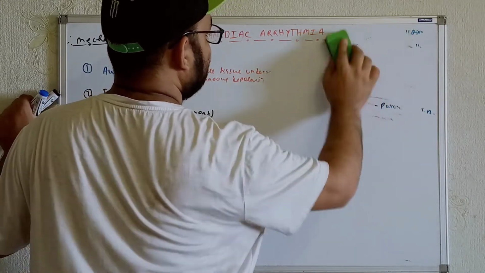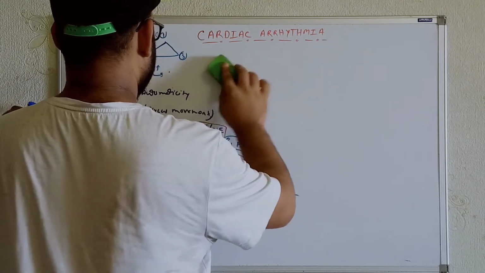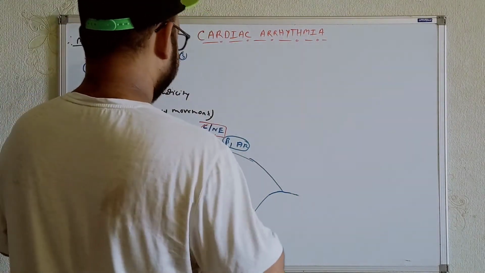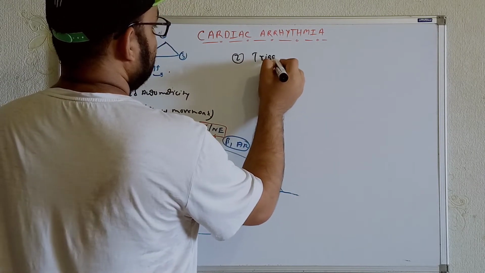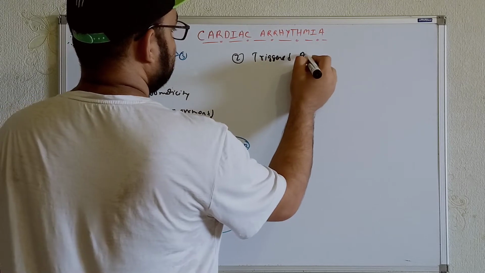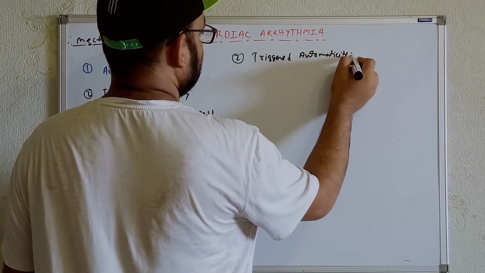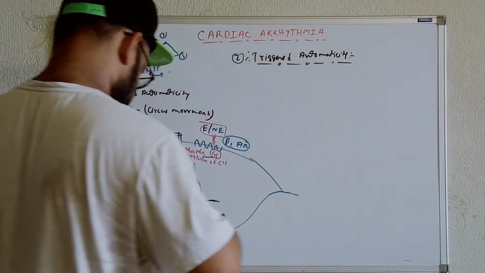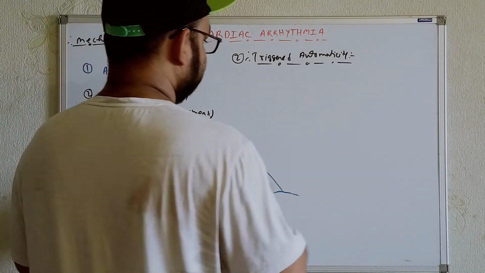The second mechanism we can talk about over here is triggered automaticity. For this, I will take a piece of the ventricular myocardial cells. For example, let's take it over here.